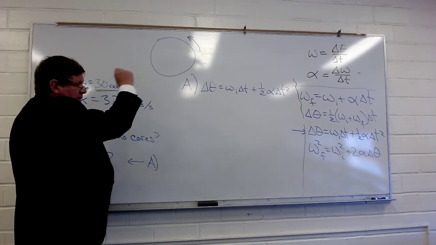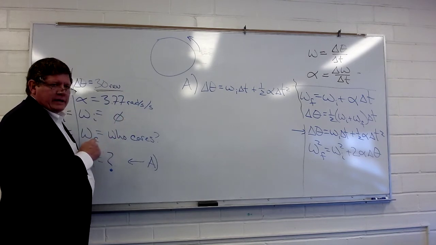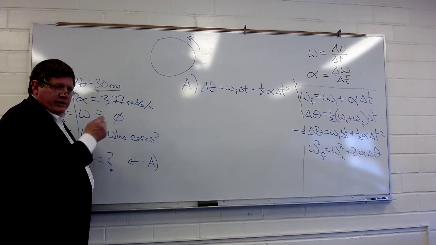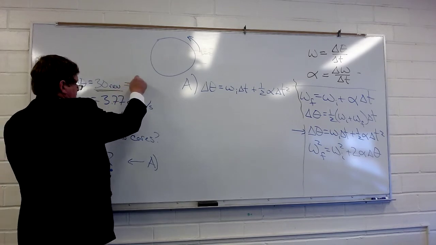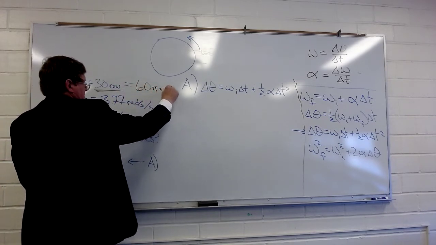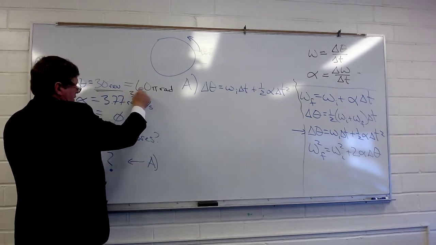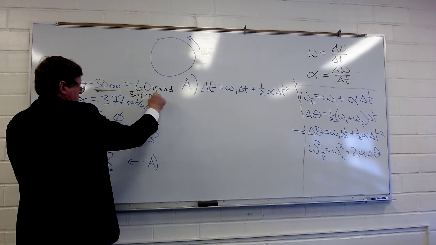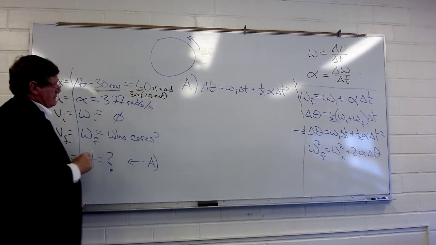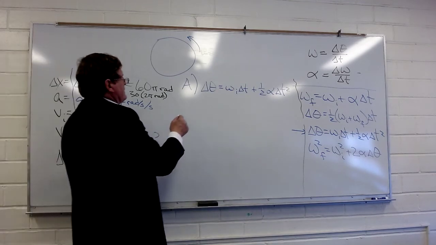And so if every revolution is 2 pi radians, and I've got 30 of those, this is going to be the same as 60 pi radians. That's just 30 times 2 pi radians. Okay? 60 pi radians.